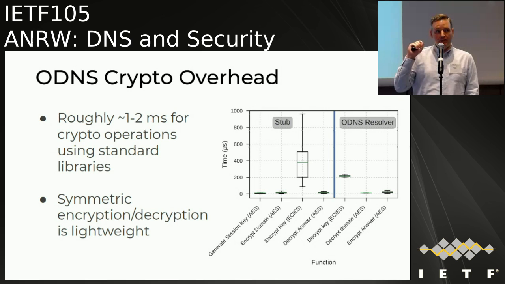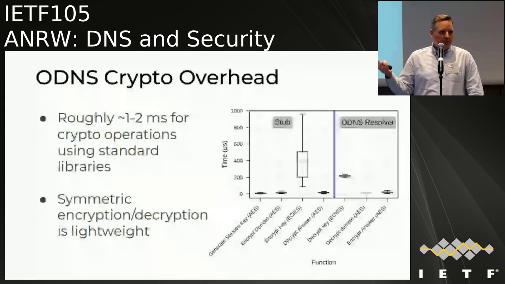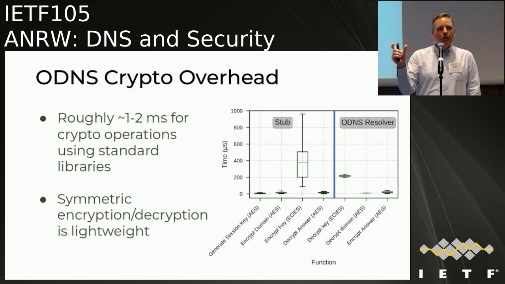We used elliptic curve crypto for the public key. The reason being, in the larger paper, we explain, we cram all of this into the QNAME of DNS queries, and so there's this very limited space. And so if you use something like RSA, those keys are gigantic. That's going to be much larger than you can actually issue in a DNS query.